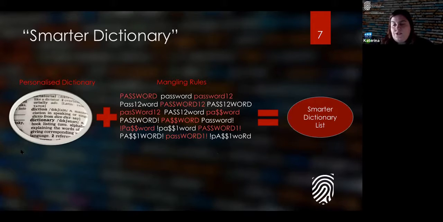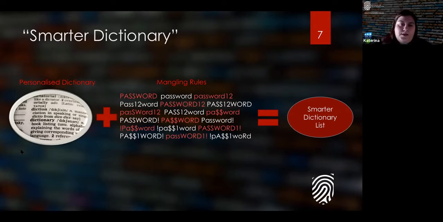So all of this information that we know about a suspect can help us build what we're calling a personalized dictionary that is focused on one individual and it's tailored to them. So what we know about password usage in general, but also for the individual, can help us choose the mangling rules, which are, as you can see, different type of modifications a user can make on their password, like using leet speak, for example, replacing O with a 0 in the password, or appending filler words.